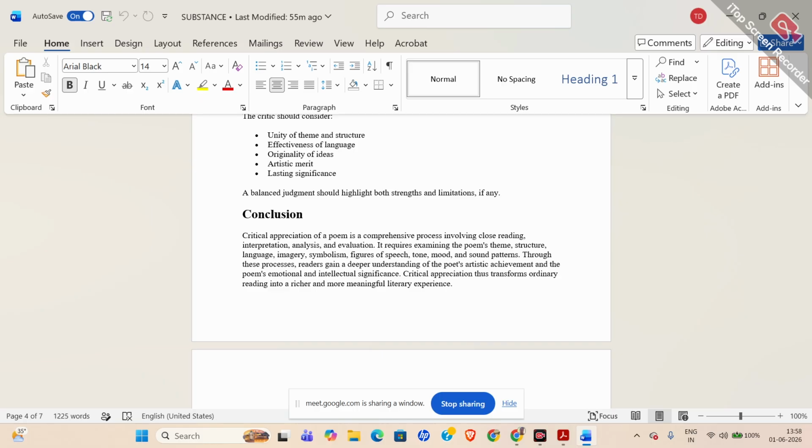Through these processes, readers gain a deeper understanding of the poet's artistic achievement and the poem's emotional and intellectual significance. Critical appreciation thus transforms ordinary reading into a richer and more meaningful literary experience.